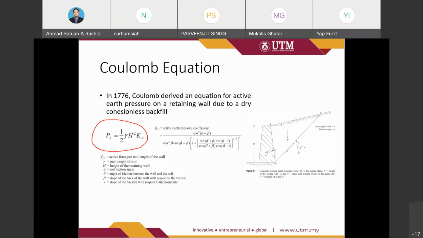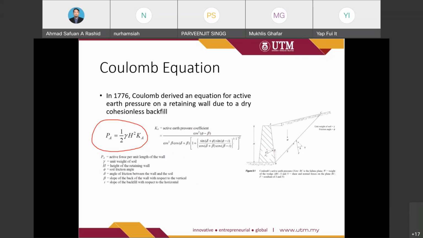So we need to know the meaning of each notation. Here the phi is the soil friction angle, beta is the slope of the back of the wall with respect to the vertical. So this is the beta.